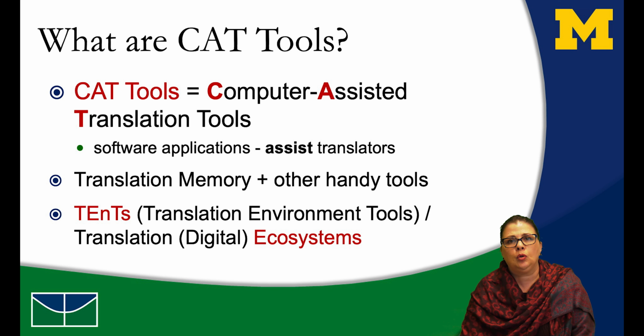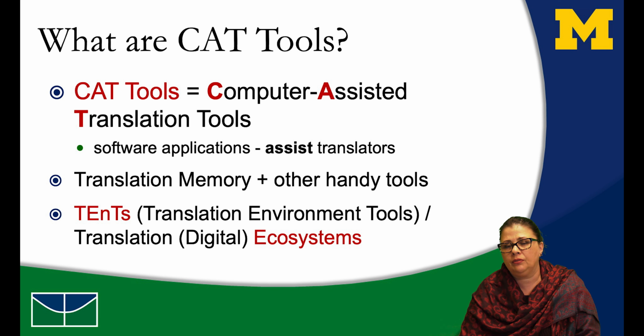So the first thing we need to know about CAT tools is the meaning of the acronym CAT, Computer Assisted Translation. That's what it stands for. And they are computer programs or suites with several applications that have the objective of making the translator's job easier, faster, more accurate, and more enjoyable.